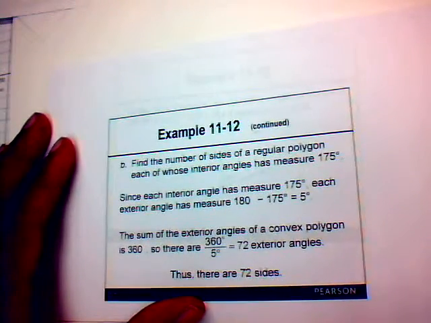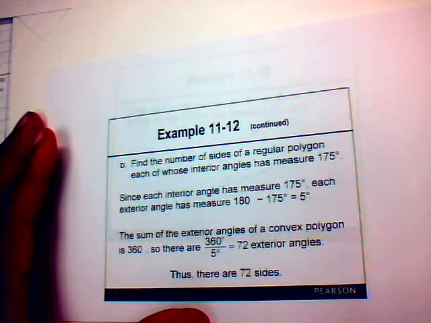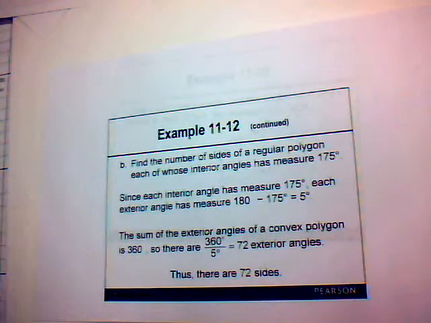Part B. Find the number of sides of a regular polygon, each of whose interior angles has a measure of 175 degrees. Okay, each interior angle has a measure of 175 degrees, so that means that each exterior angle is 5 degrees. Here, the interior angle and the exterior angle add up to 180, so subtract 175 from 180, you're going to get 5 degrees.